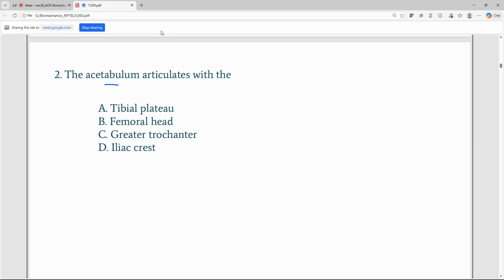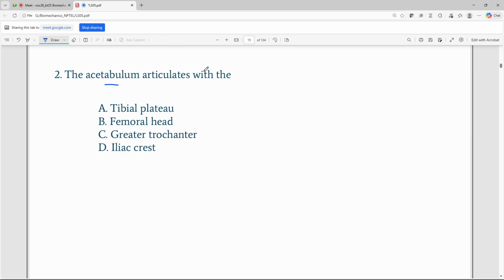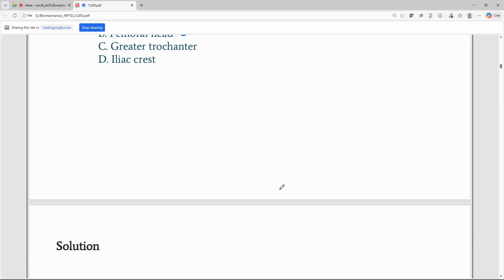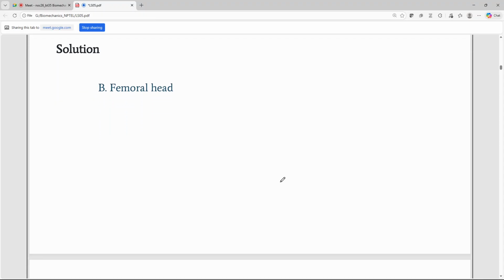Yes, this is the first question in a different format. The acetabulum is the depression or socket in the hip bone, and it articulates with the femoral head. That is a ball-shaped femoral head. Option B is the right answer. Femoral head articulates with acetabulum.